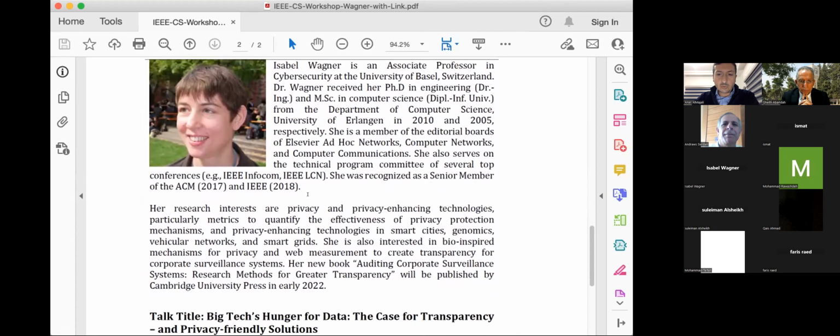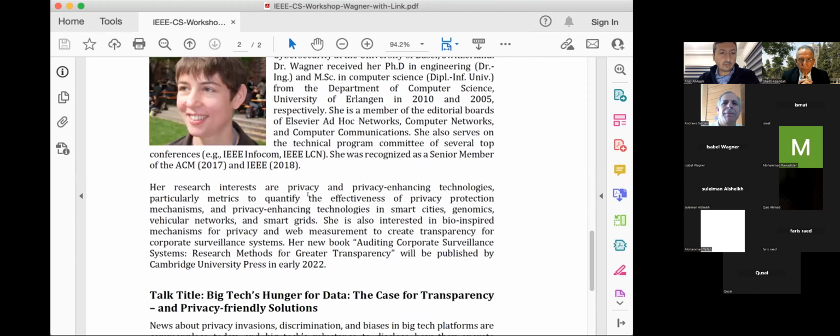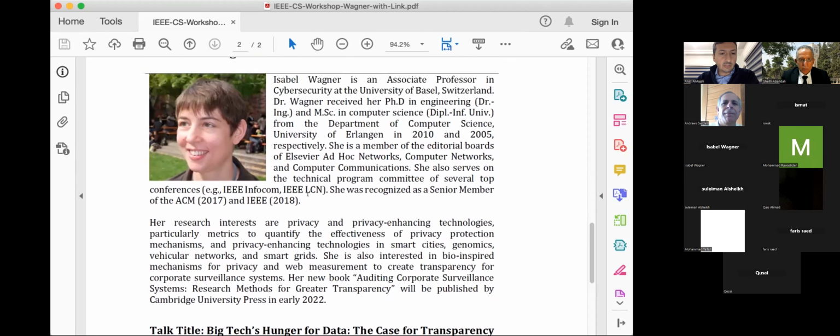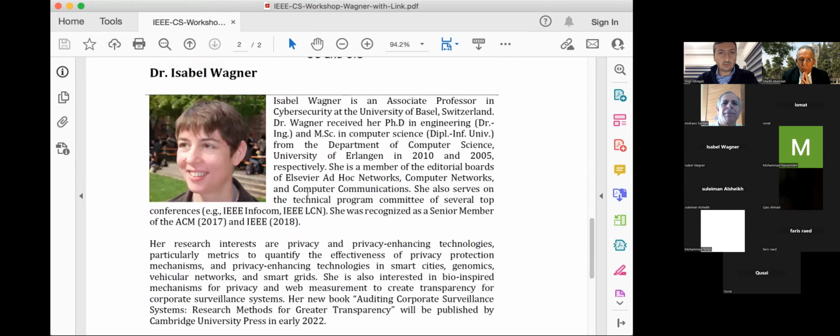She also serves on the technical program committee of several top conferences. She was recognized as a senior member of the ACM in 2017 and IEEE in 2018. Of course, her major research interest is in privacy and security in general.